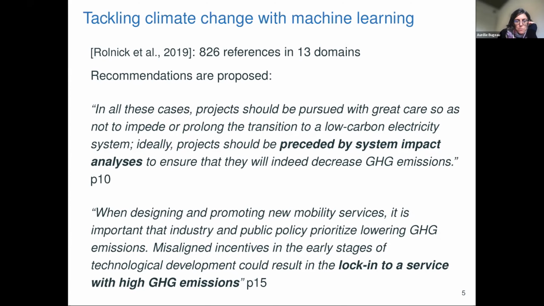And the other recommendation is also to be careful not to be locked into a service, that public policy must meet industries' priorities, to be careful not to be locked into a service that would in the end increase greenhouse gas emissions.